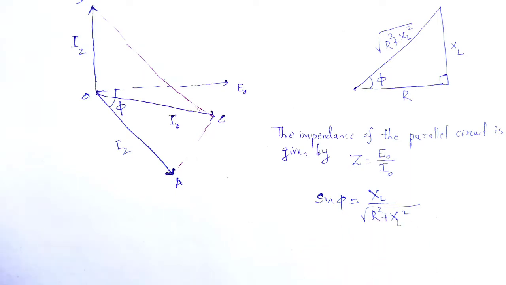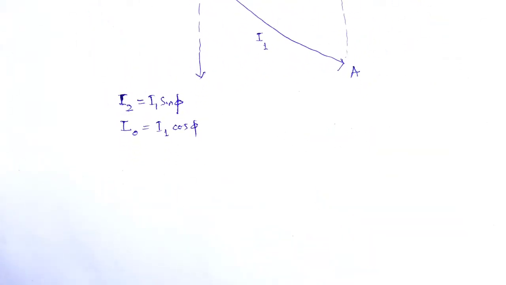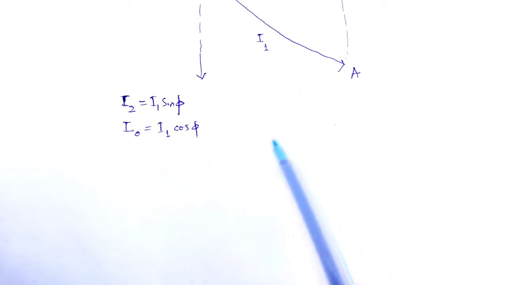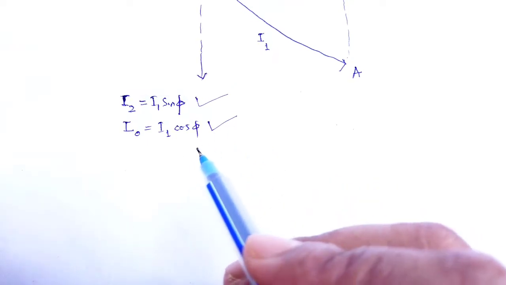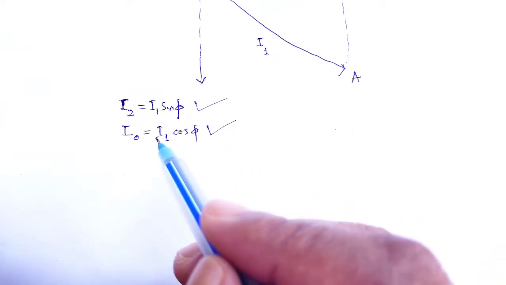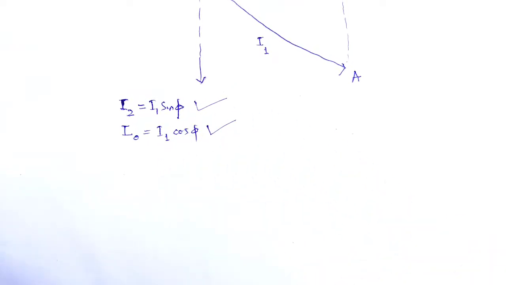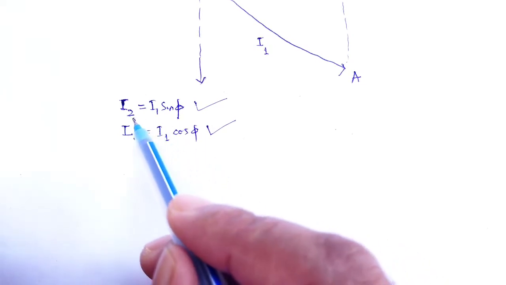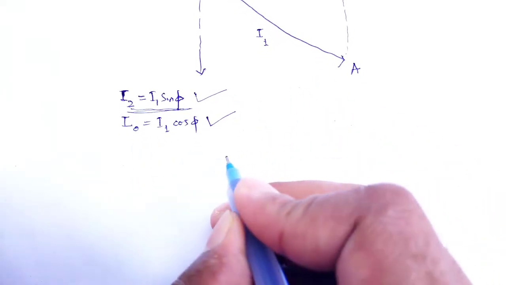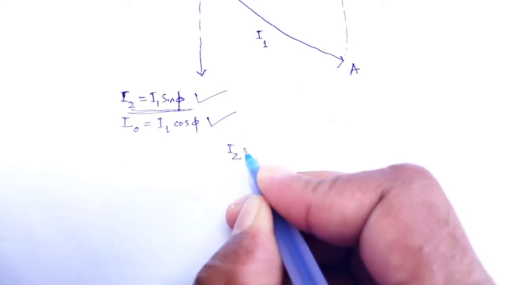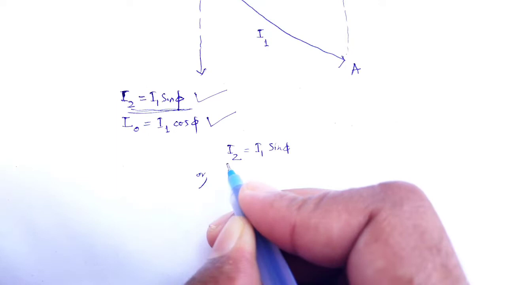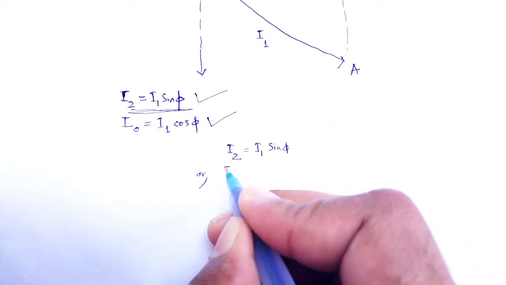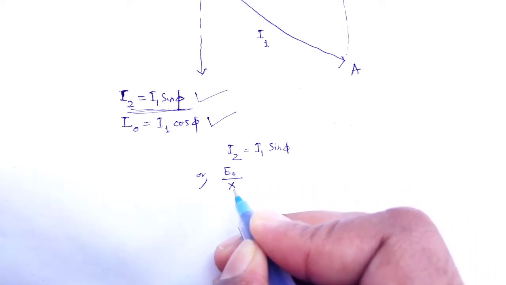Now put all these values here. We can write I2 is equal to I1 sin phi, I naught is equal to I1 cos phi. All the values are put here. In place of I2, E naught divided by XC.